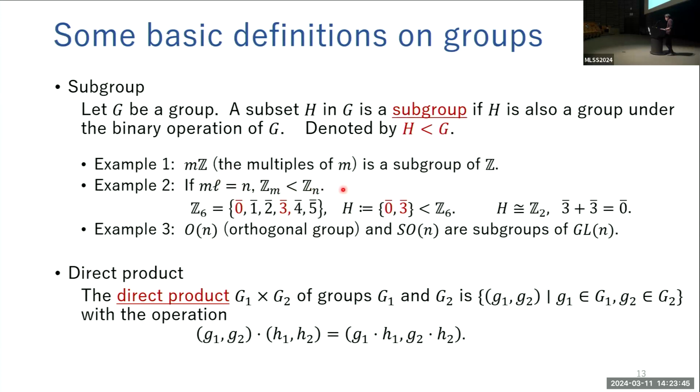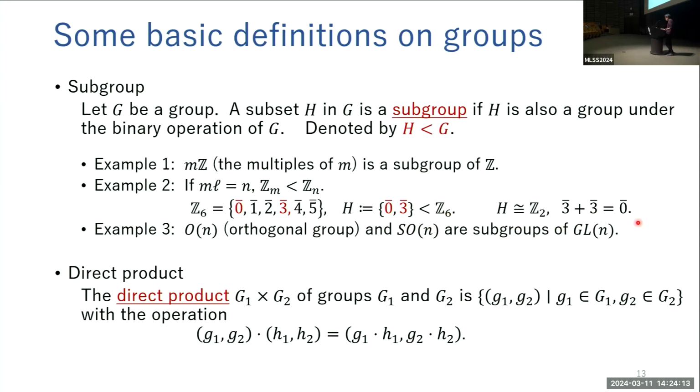And another example is a subgroup of the cyclic group Zn. Okay, here's the example. If we consider Z sub 6 and take the elements 3 and 0, then these two elements make a group because 3 plus 3 in Z6 becomes 0.